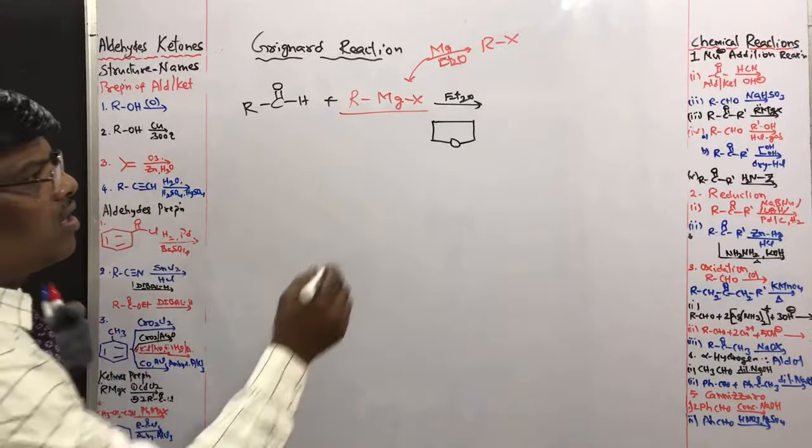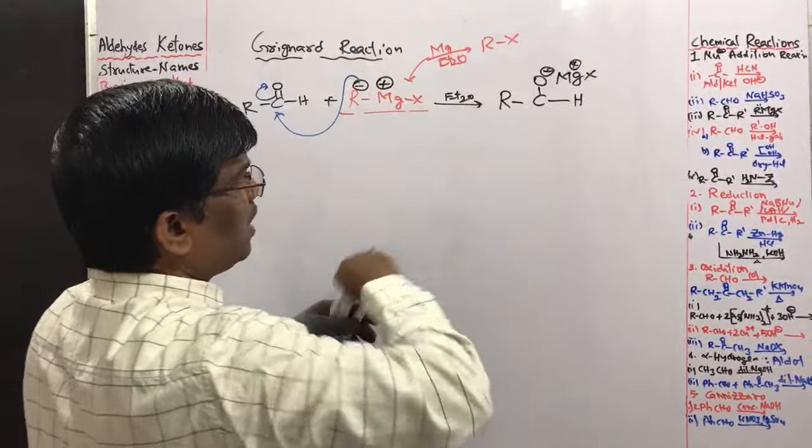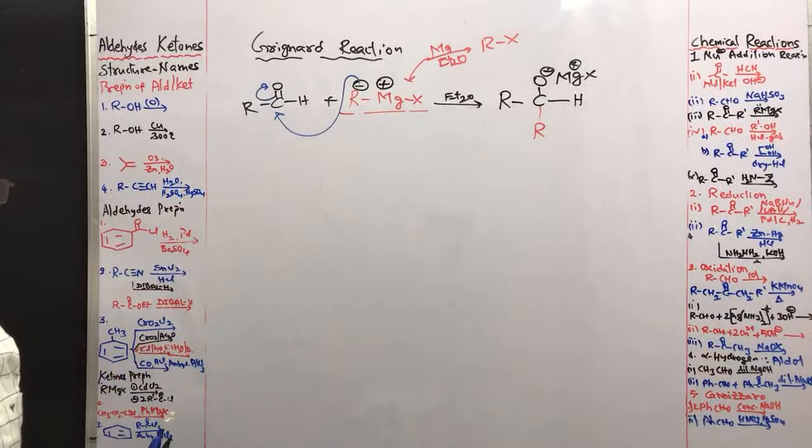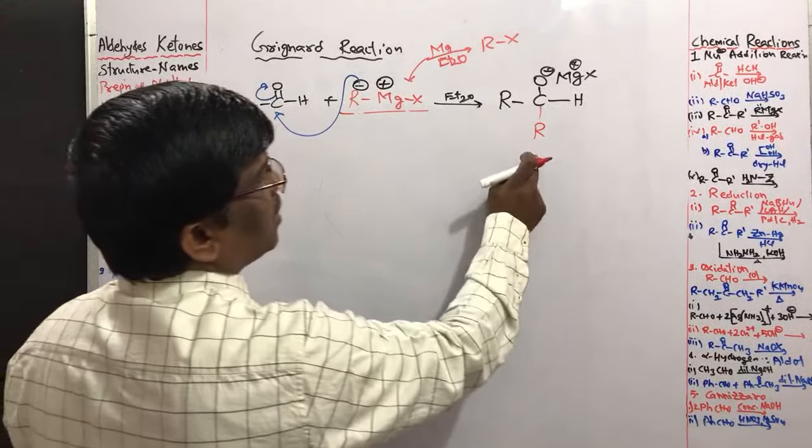So this nucleophile will add to the carbonyl carbon, to give an intermediate where the carbon-oxygen is going to have negative charge, and this negative charge will be satisfied by magnesium, which is going to attach to this oxygen. Now this hydrogen is intact and the newly added alkyl group will be here. Yes, students. So this is how it is going to give.